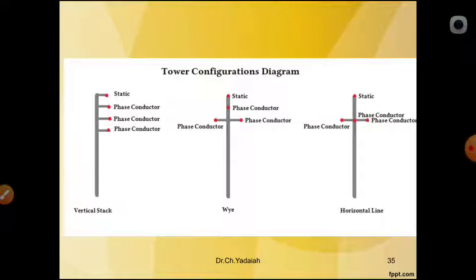The first case is the vertical stack, and this problem asks us to assume a vertical stack. Generally we do the horizontal one, the extreme right, but now it is assumed as a vertical stack. So R phase, Y phase, B phase and neutral, and the top one is the street light. Now this problem is one of the routine problems.